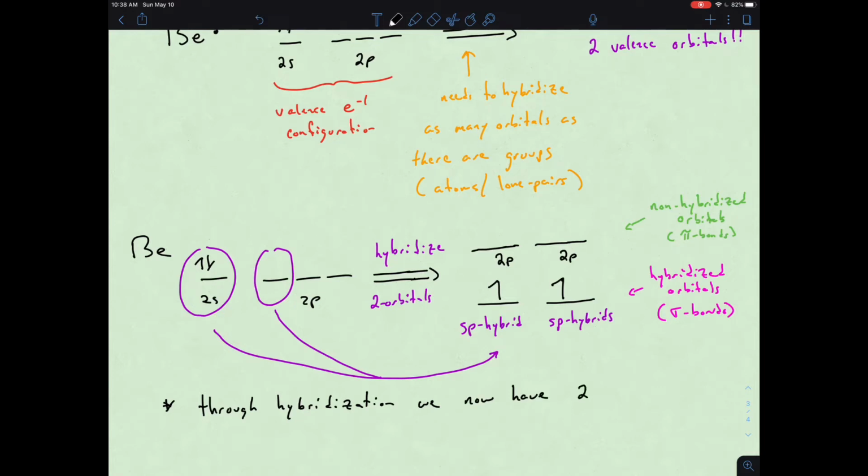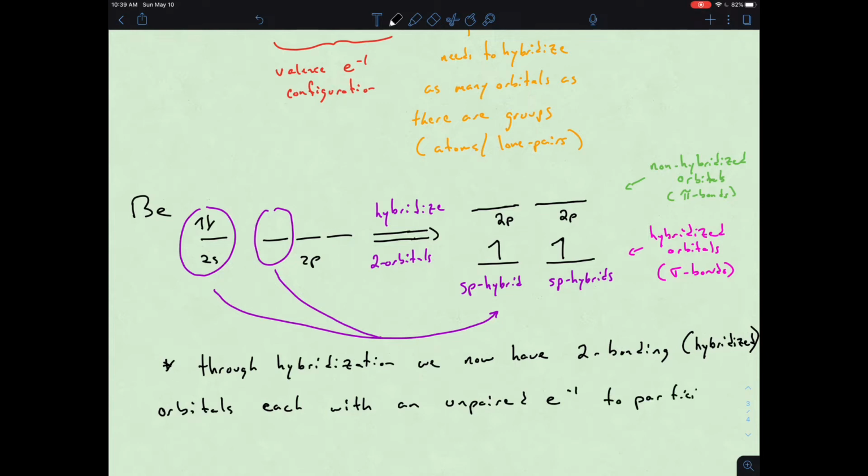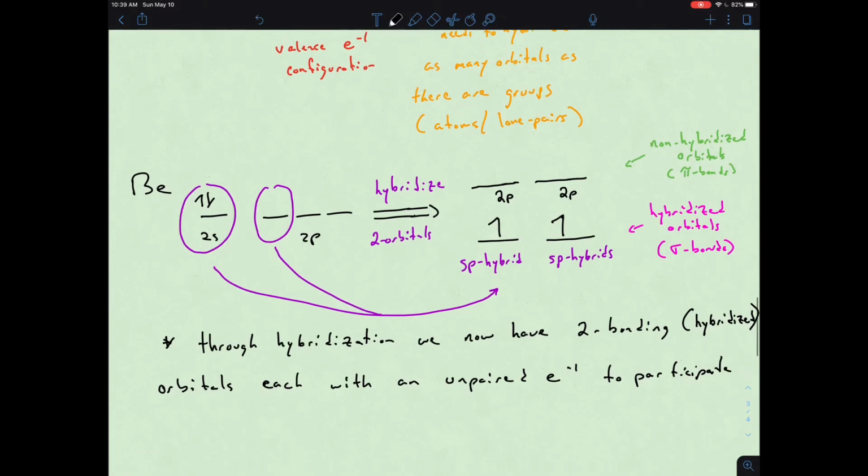We now have 2 bonding hybridized orbitals, each with an unpaired electron to now participate in our bonding scenario.